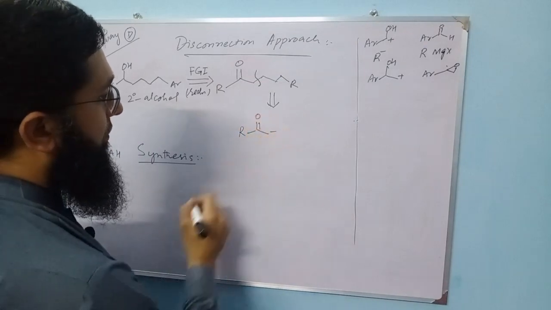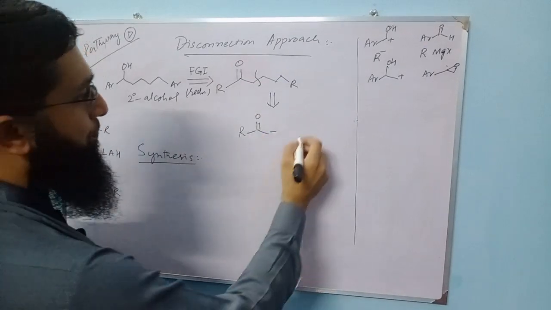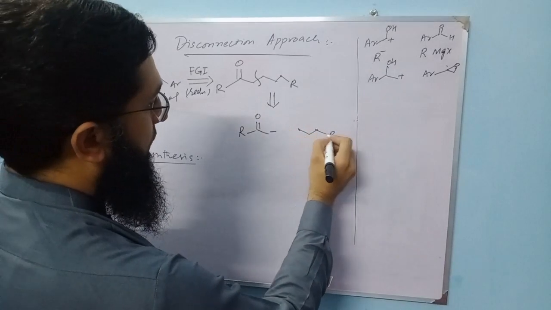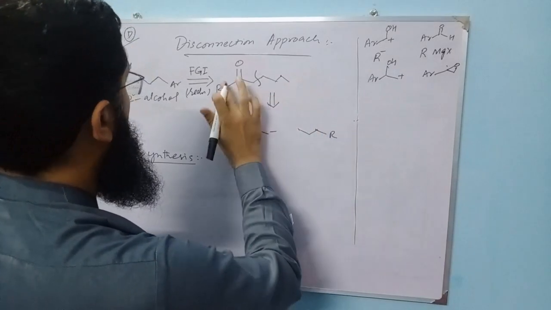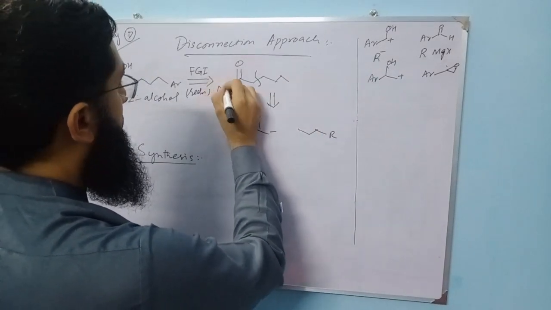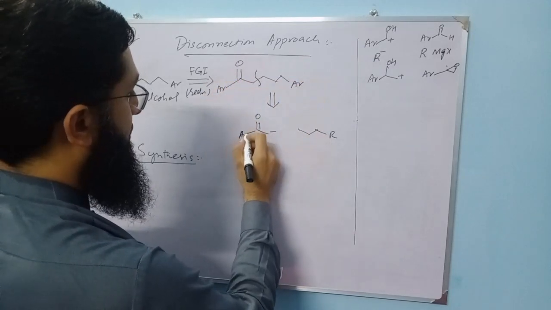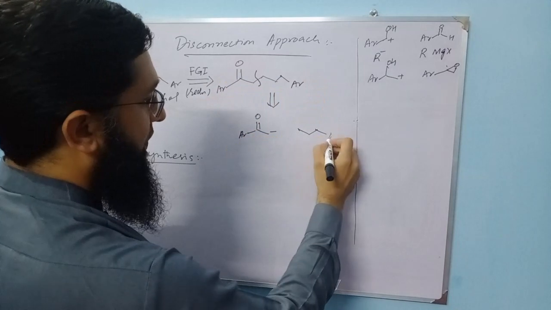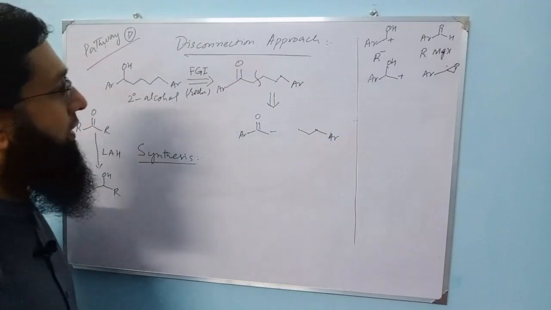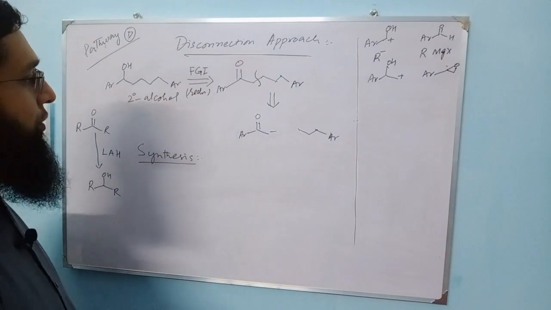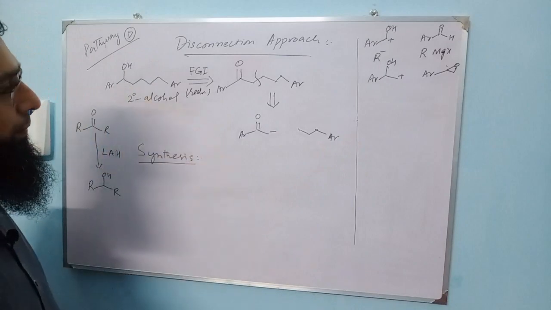So in this case, we have this enone. We can use Ar or R because it is general, so it is not really important. However, we should continue from where we have started.